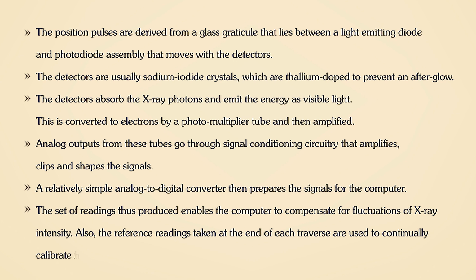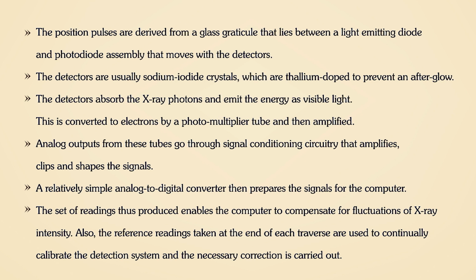Analog outputs from these tubes go through signal conditioning circuitry that amplifies, clips and shapes the signals. A relatively simple analog to digital converter then prepares the signals for the computer.